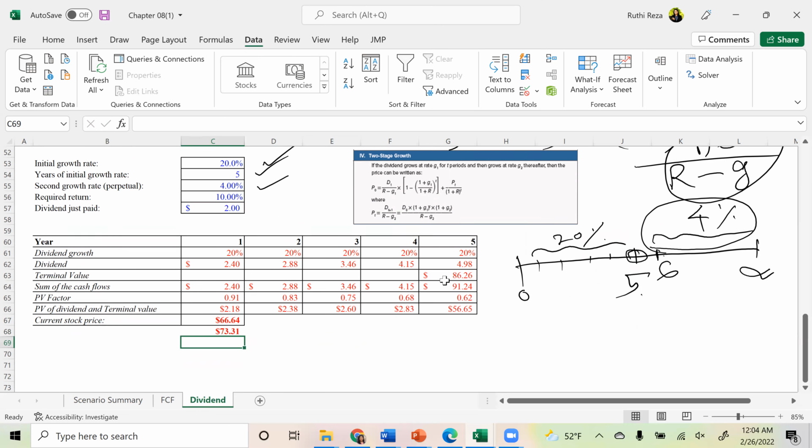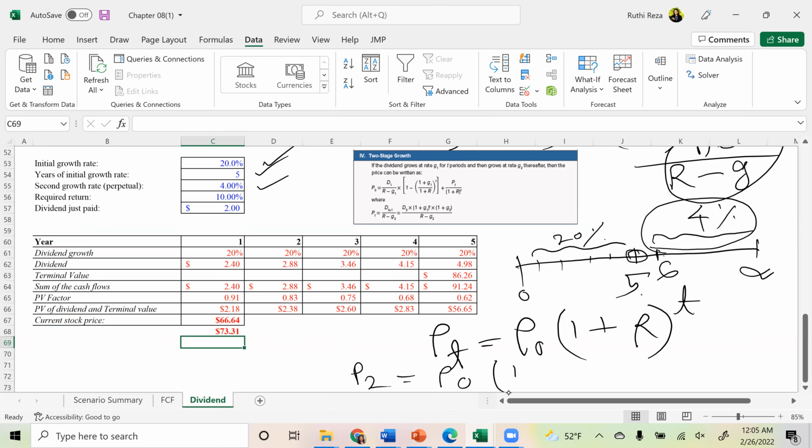So your price in T should be your price right now times 1 plus your cost of equity in this case, to the power of the time. So now you can see here, if I want price 2 years from now, it should be P2 equal P0 times 1 plus required rate of return, in this case cost of equity, to the power 2.